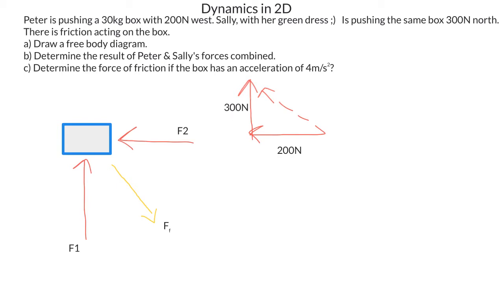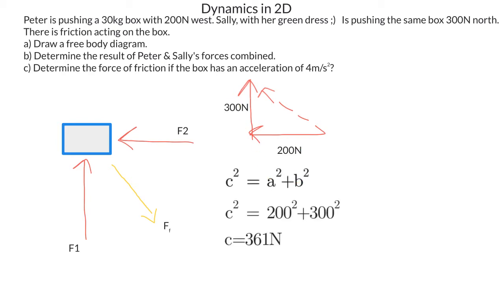And so hopefully you can recognize now that I'm looking for what this force here happens to be. So I'll be using Pythagoras to figure that out. A squared plus b squared equals c squared. And we'll plug in our values of the 300 and of the 200. And hopefully you can see that it'll calculate out to 361 newtons. So this is the equivalent that this box is being pushed in this kind of direction with 361 newtons.